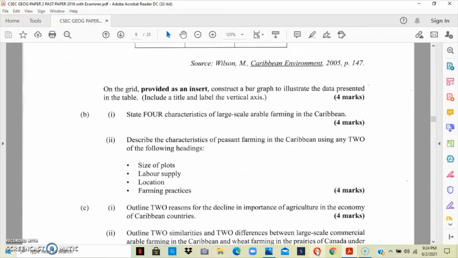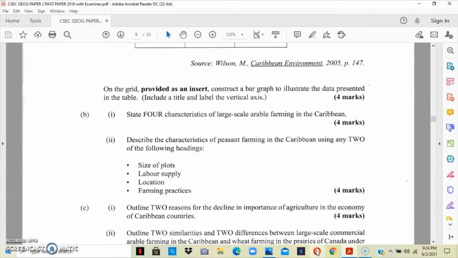Whenever persons are doing peasant farming, the plots are usually less than 10 acres, right? Once it is 10 acres or more, it's not classified as peasant farming anymore. Once it is less than 10 acres, though, it is classified as peasant farming. Some literature, however, will tell you that peasant farming goes up to 5 acres.